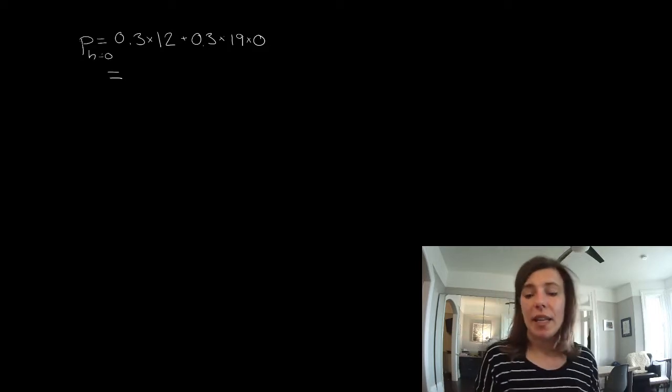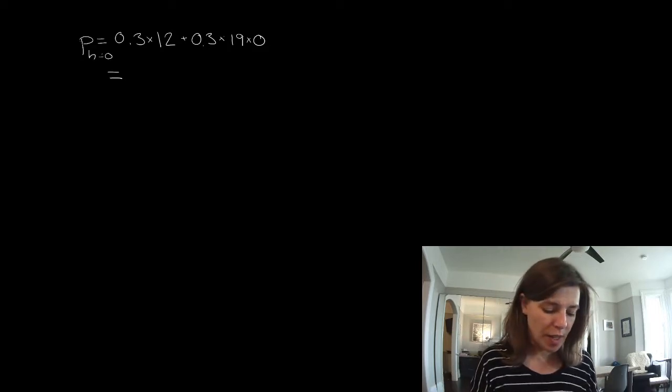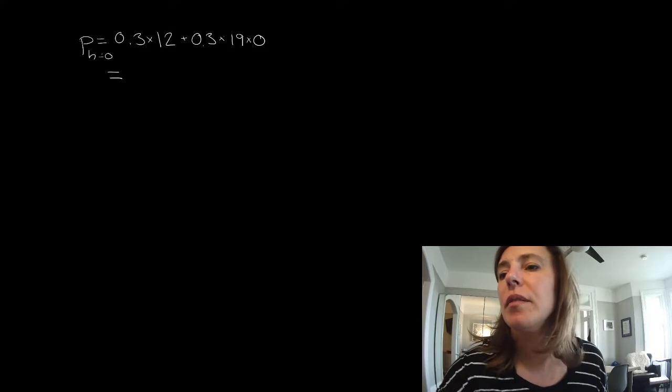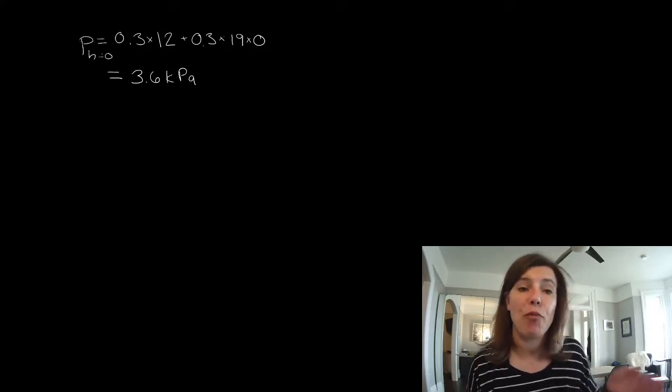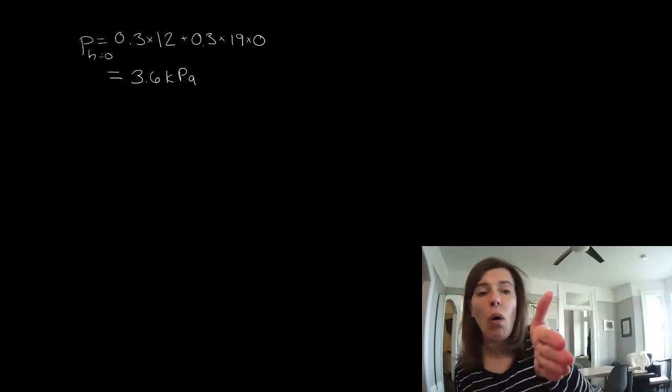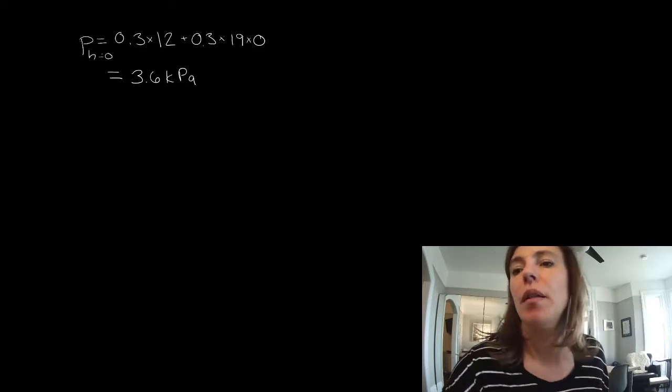So let's plug that into our calculator. We've got 0.3 times 12 plus 0.3 times 19 times 0. We've got 3.6 kPa of pressure pushing on the wall at the top of the wall.